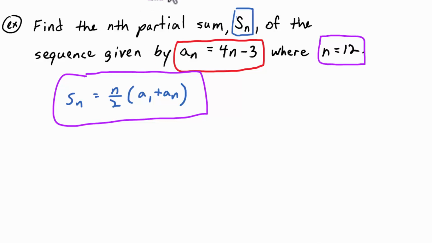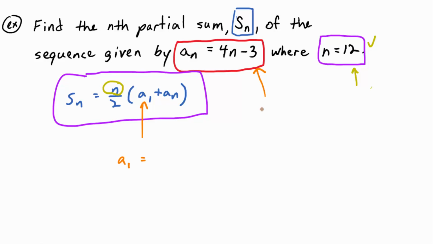All right. What do you need to use this formula? If it's given to you, you need n, right? And what's n in this case? n is 12. So check, we've got n. You also need a1. What's a1? According to the formula, it is 1.